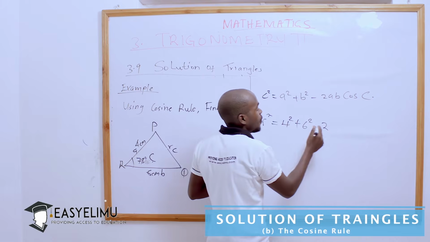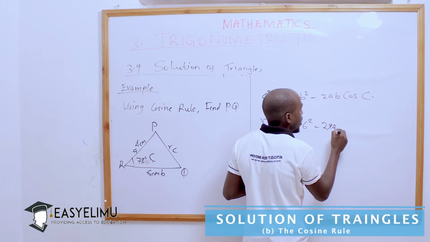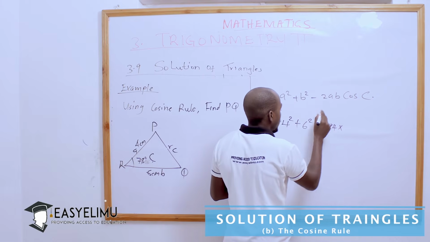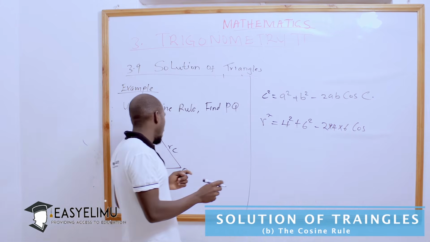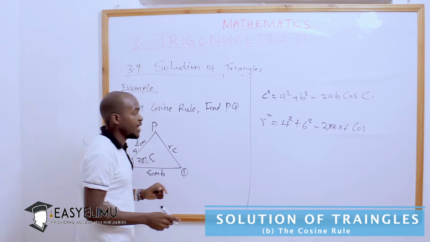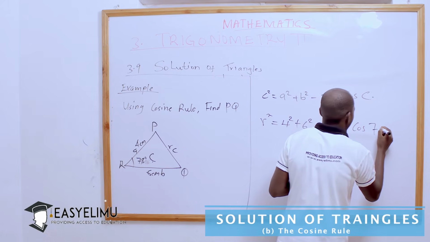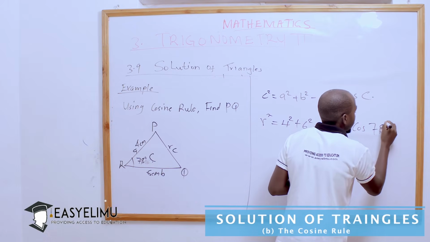We said a is 4, so multiplied by 4, then multiplied by b, and b is 6, then cos of the angle C, and that angle is 78 degrees.